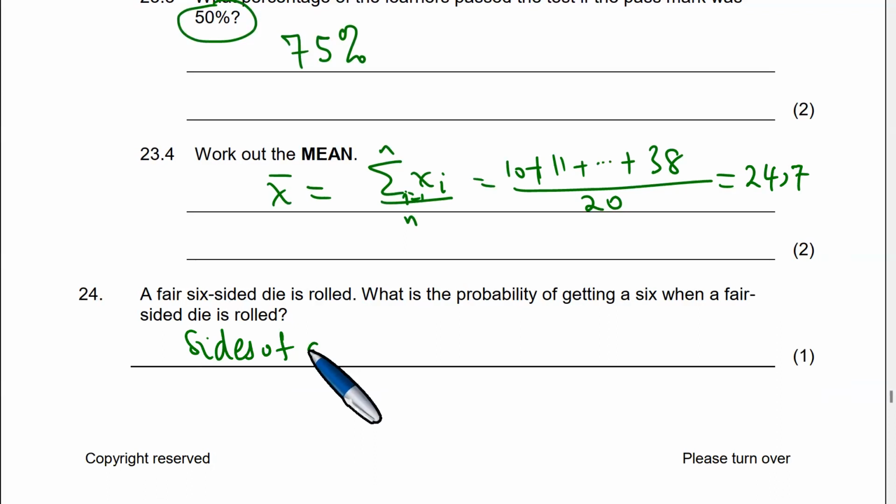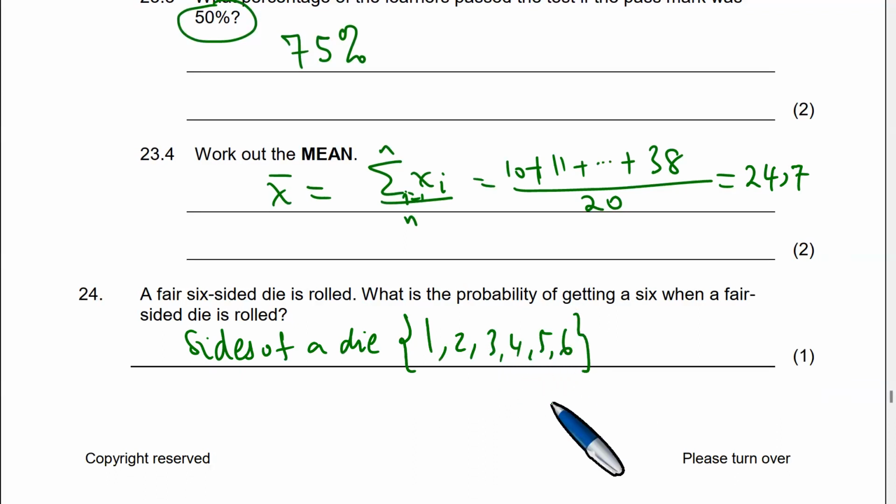There's a side that is 1, 2, 3, 4, 5, 6. Yes, sir, there are 6 sides. So what is the probability of getting a 6? 1 over 6. Definitely, exactly 1 out of 6, because there's only one outcome, 6, out of 6 possible outcomes.